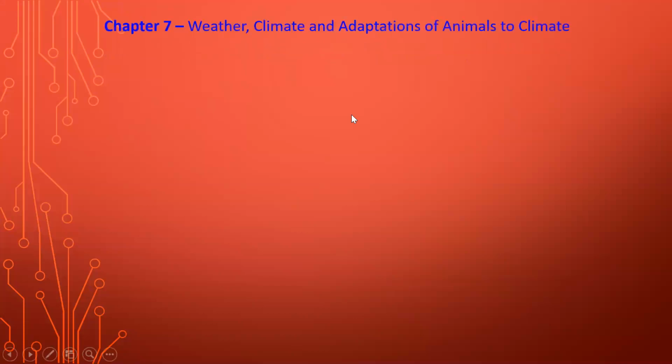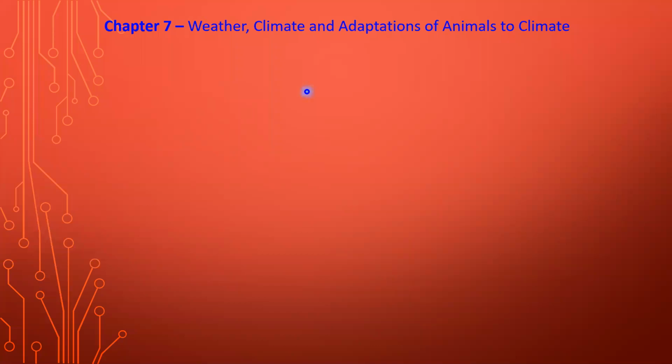Now, in the previous lecture, we considered the facts regarding weather and climate. We are dealing with weather, climate, and the adaptations of animals to that particular climate. We already saw that weather is available for a short duration.